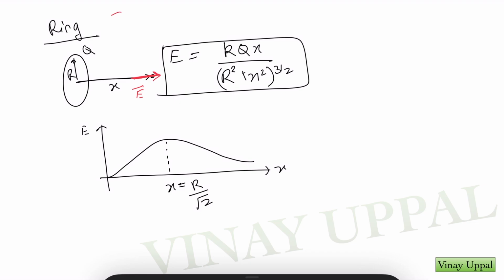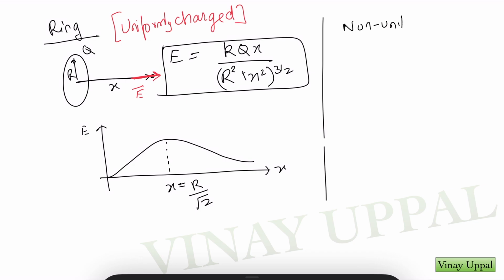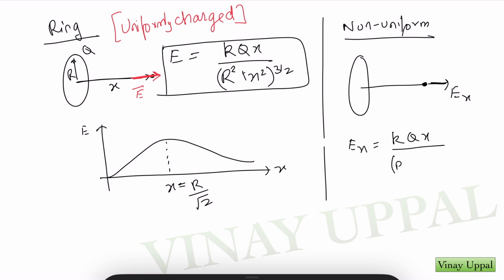Here I've assumed that we have uniform charge distribution. If the ring had non-uniform charge distribution, then this quantity that we've gotten would actually be the x component of electric field. And an easy way of looking at this is once again by differentiating the potential on the x-axis, and we'll talk about that later on when we talk about potential of the ring.